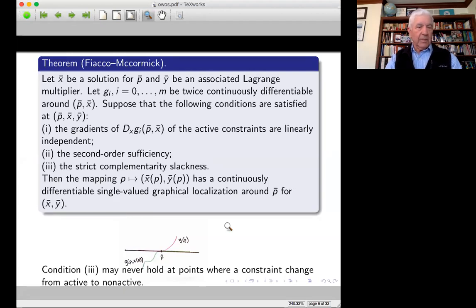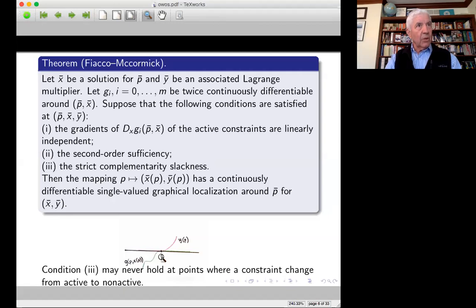So this theorem cannot be applied in this particular case. Moreover, in the points where we have a change in the constraint, the solution is usually non-differentiable. So we have an additional complication here.